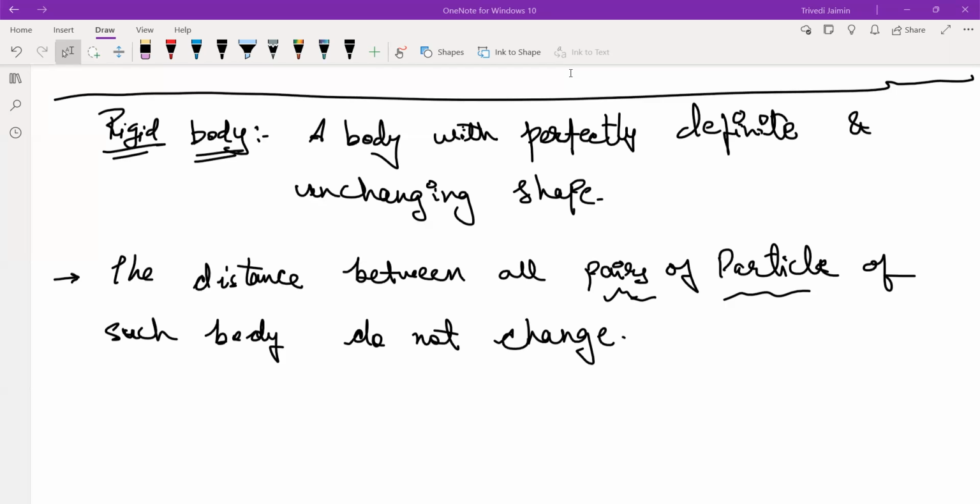Sir, I don't have an idea. You haven't seen any rigid body around you? Where are you sitting right now? On the study table. Exactly, that is the example. What I'm looking at, the wall, that is the example.